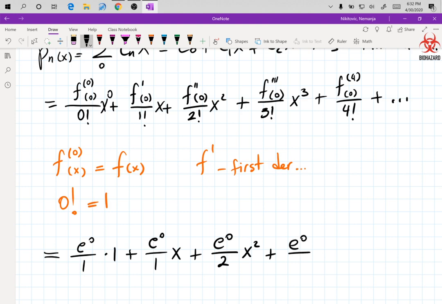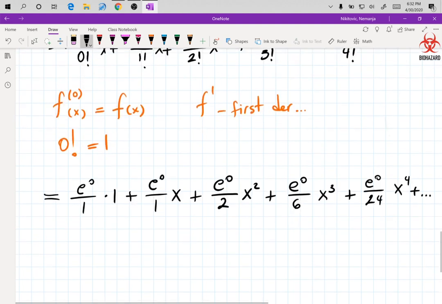You know what? I'm going to leave the factorials in. Nah. We'll deal with it. Plus e to the 0 divided by 24 x to the 4 plus dot dot dot.